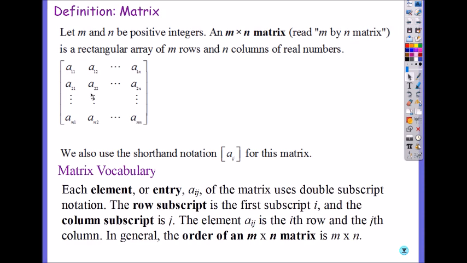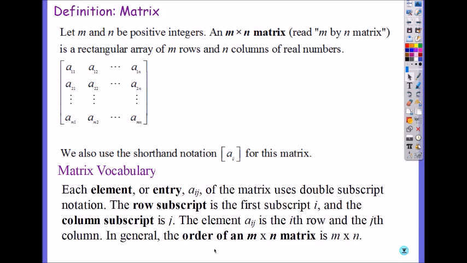Second row, second column, 2, 2. This could be maybe 6, 2, the sixth row and second column entry. And if it's n by n, the same number, then we call it a square matrix, like 2 by 2, 3 by 3. And the order is the size of the matrix, okay?